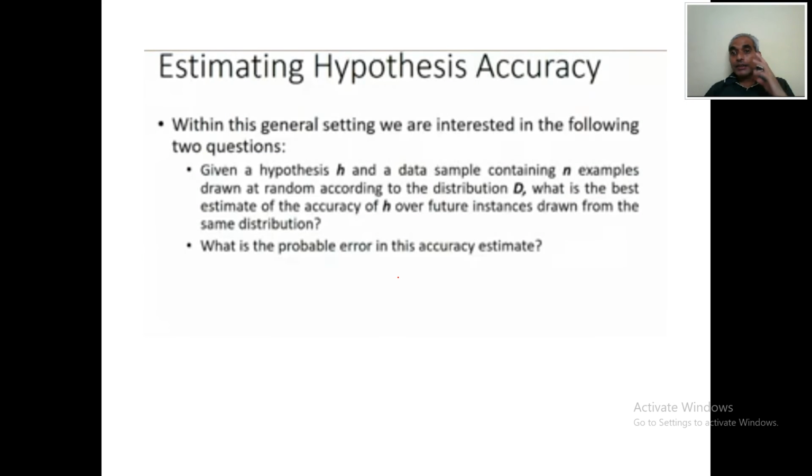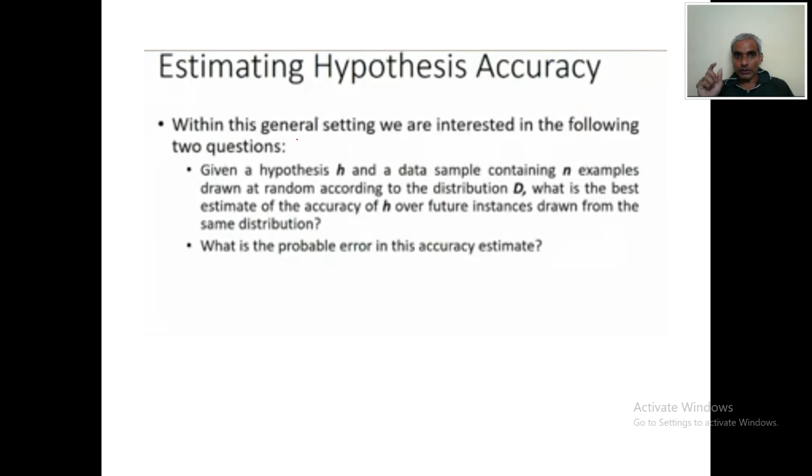Now with this general setting of the problem, we are interested in the following two questions. These two questions are very important for us. The first one is: given a hypothesis, what is our hypothesis? Yes, it is whether he is planning to purchase skis or not.